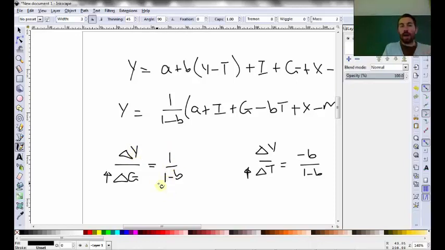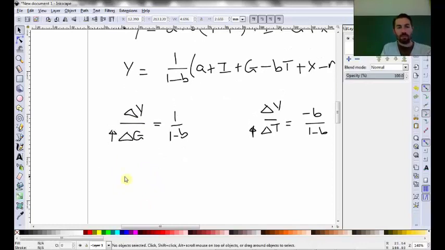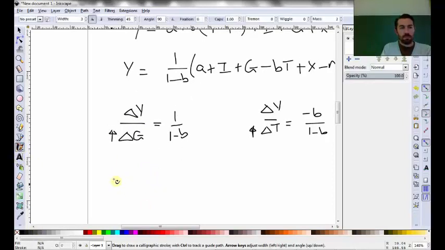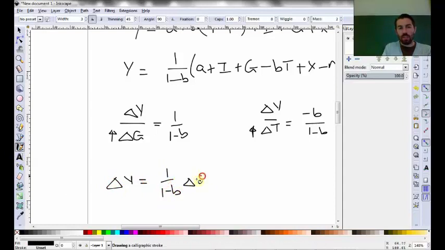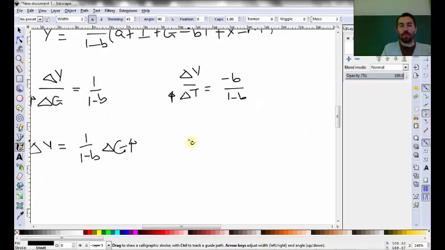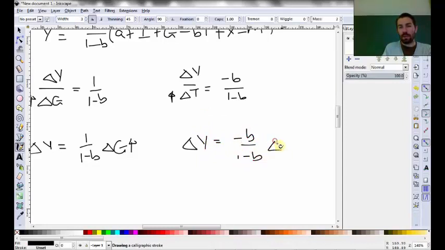Well, my multiplier is positive, so what is my change in y? Change in y is equal to 1 over 1 minus b times change in g. My government spending goes up, my output goes up. What about my tax multiplier? My change in y is going to be equal to negative b over 1 minus b times change in t.